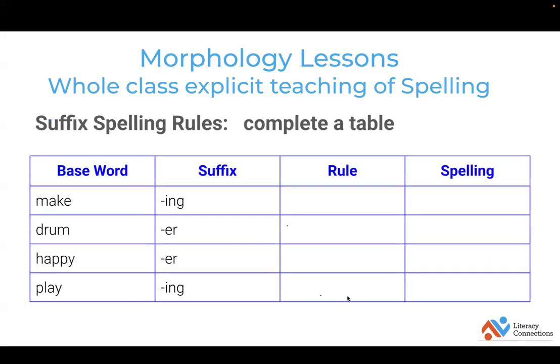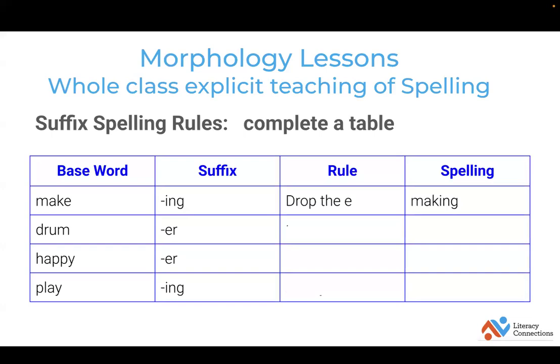When we're doing spelling rules, this really needs to be repeated quite a lot of times because these rules can be quite tricky. Once we've taught the rules, we can practice these with tables. Again, this could be done on a mini whiteboard or in a book or in an independent activity. So, adding ing to make: okay, we need to drop the E. What does that look like?